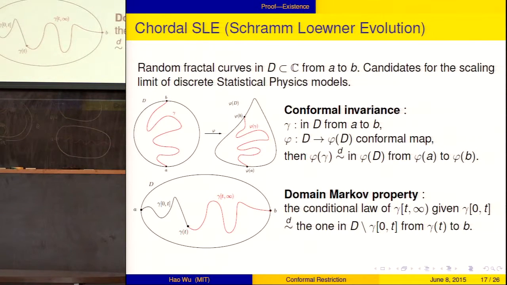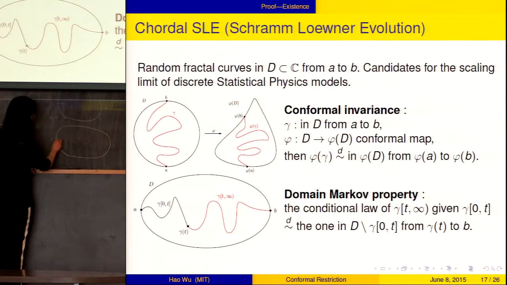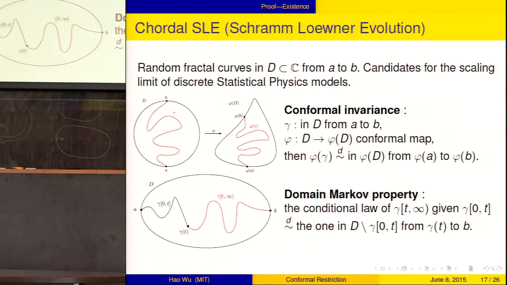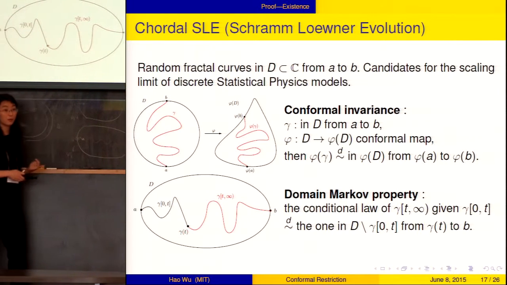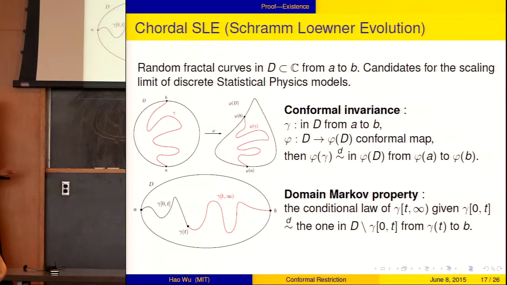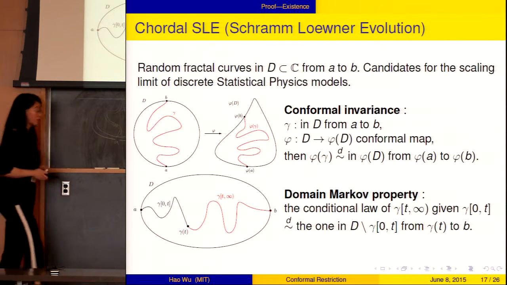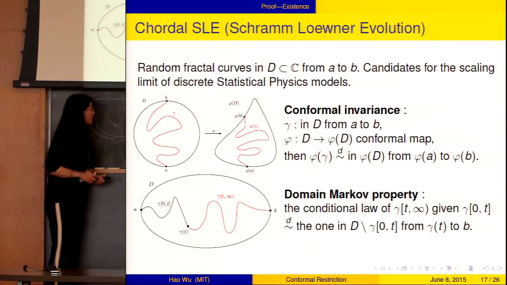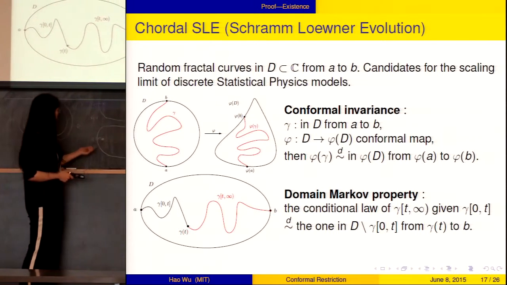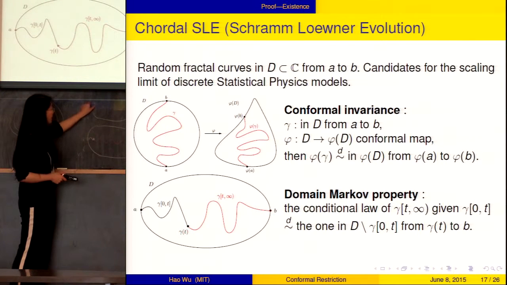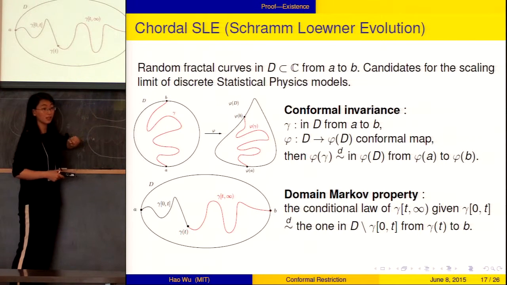So now we can repeat the same procedure. We run the curve up to a small time epsilon, define phi 2 as the conformal map from the remaining region, sending the tip to the starting point and fixing the endpoint. And again, the future part of the curve under this conformal map will also have the same law as an SLE curve in D from A to B. So this procedure tells us if a curve satisfies both conformal invariance and domain Markov property, in fact, we can just reconstruct this curve by concatenating IID small slits.